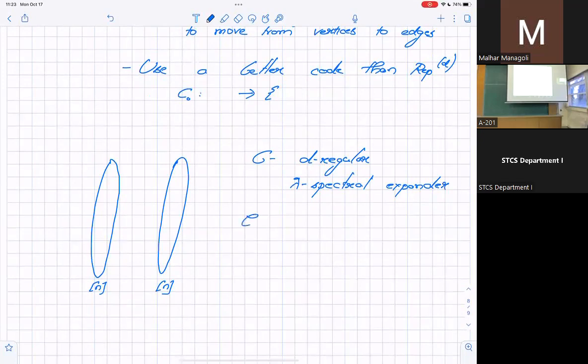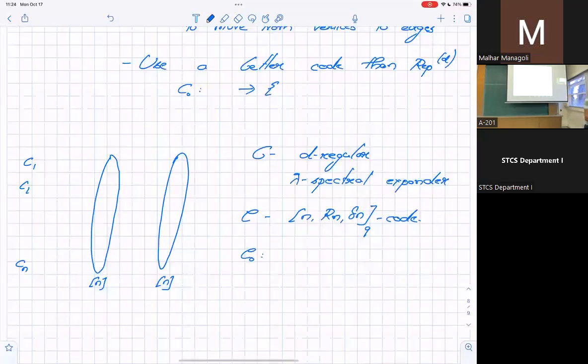This is code C, which is a code of length n and distance delta n, over some alphabet Q. We have this C1, C2. Now I'm going to have yet another code, C0.